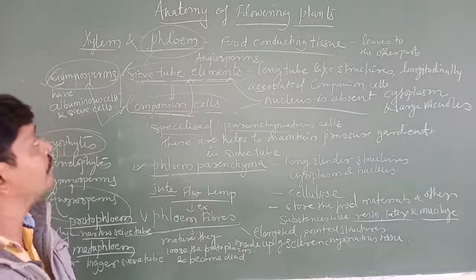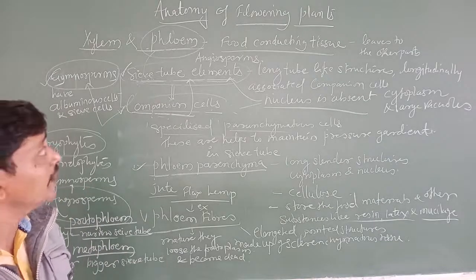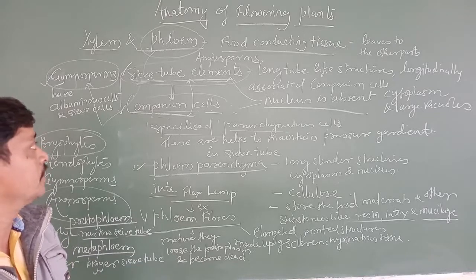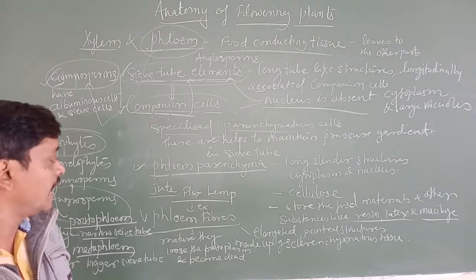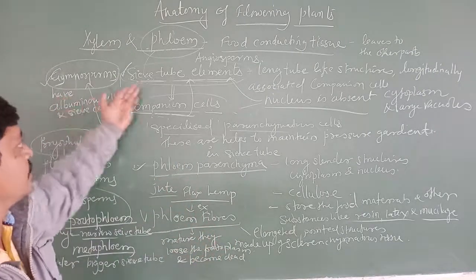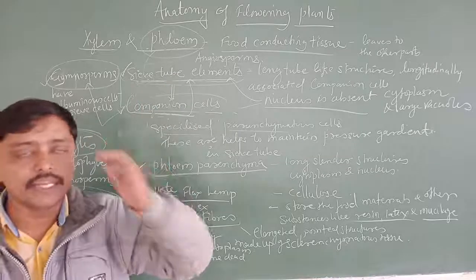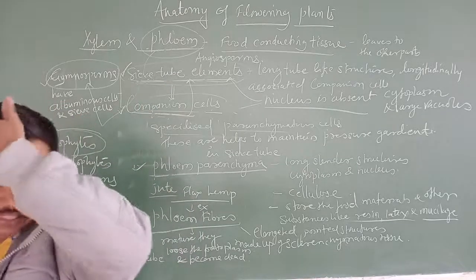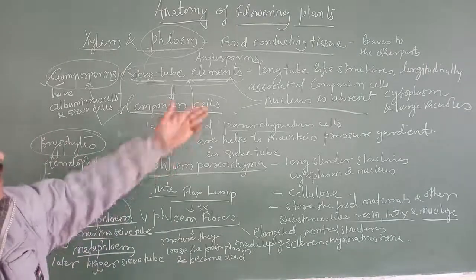In today's class we discussed the phloem in angiosperms, which consists of sieve elements, companion cells, phloem parenchyma and phloem fibers. In gymnosperms, the sieve elements and companion cells are absent. This is about today's class, and you are going to remember the important points.